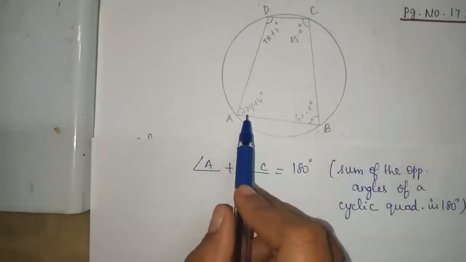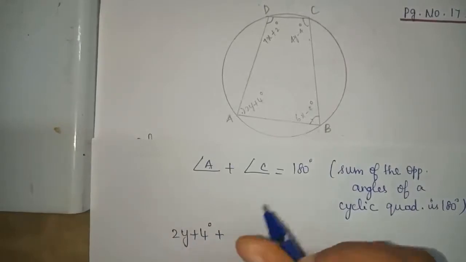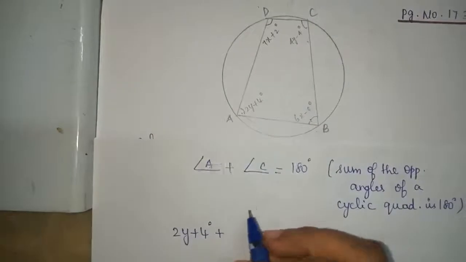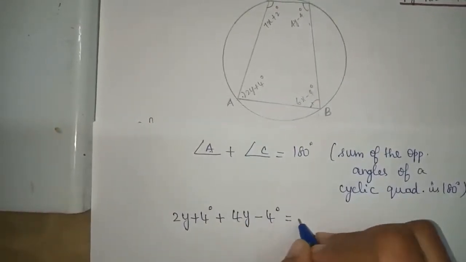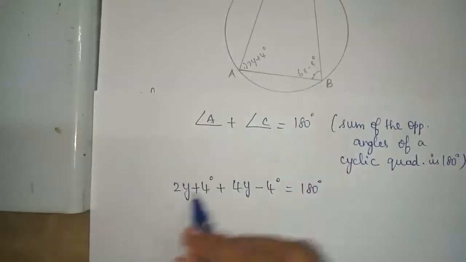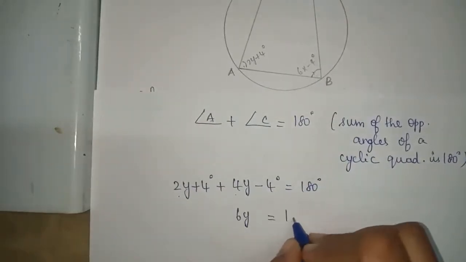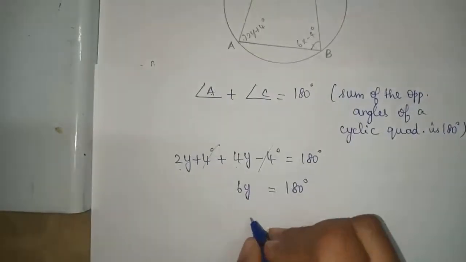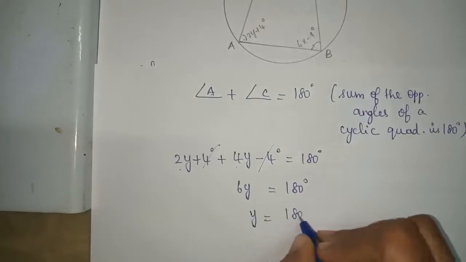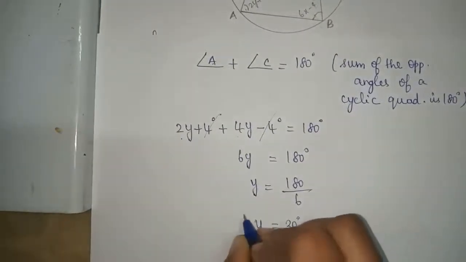So angle A is 2y plus 4 degrees plus angle C is 4y minus 4 degrees, equal to 180 degrees. So 2y plus 4y is 6y, which is equal to 180 because plus 4 minus 4 gets cancelled. So y is equal to 180 by 6. The value of y is equal to 30 degrees.